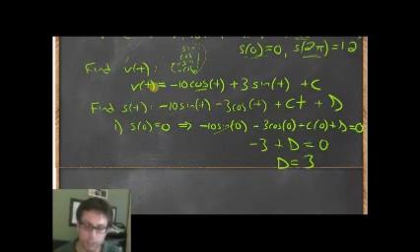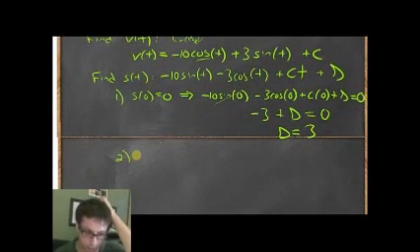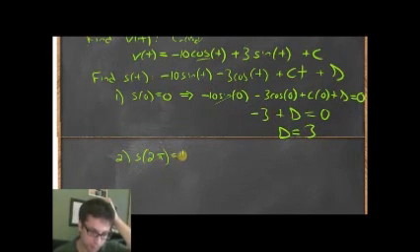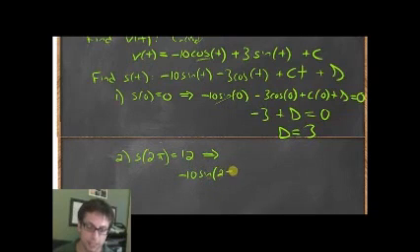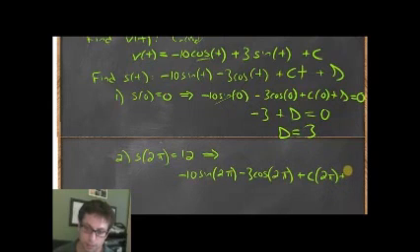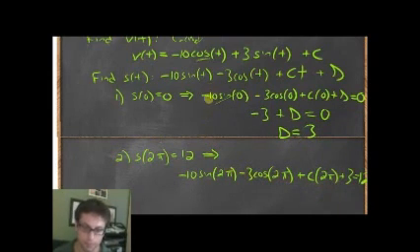Now that was the initial condition to find D. Now we can plug in D and go back and find C. Our second initial condition is s of 2 pi is 12. So when we plug in 2 pi, we get negative 10 sine of 2 pi minus 3 cosine of 2 pi plus C times 2 pi plus D, which is 3, equals 12.